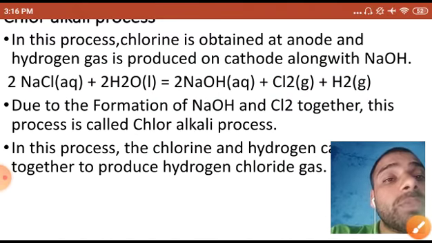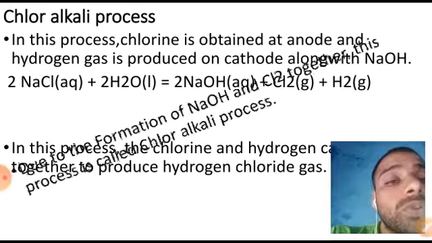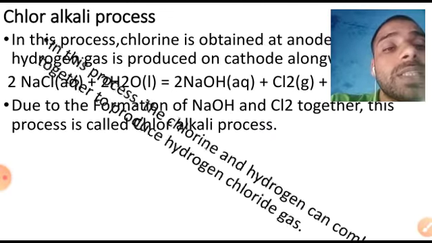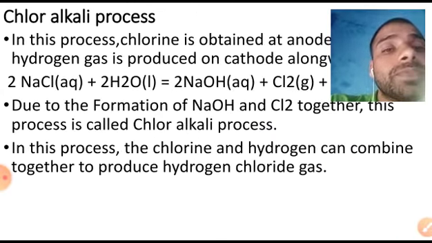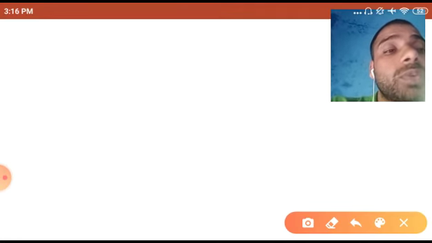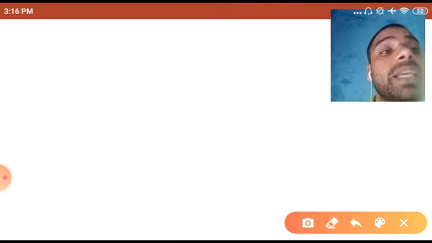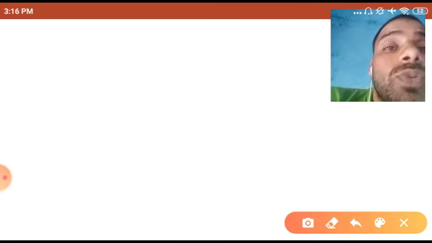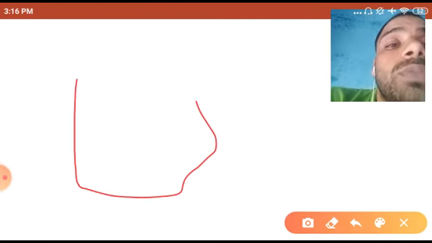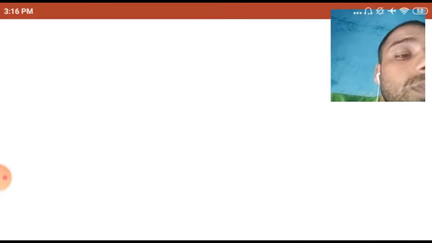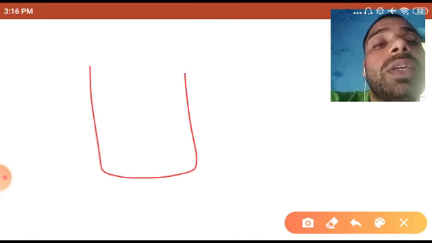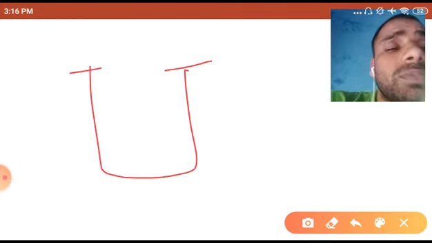Now I will show you how the procedure would be, by making a diagram. So here I have taken a beaker. This one is not going to be bigger. Here I will take one beaker or some container.